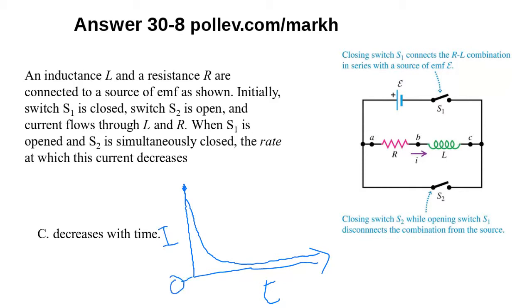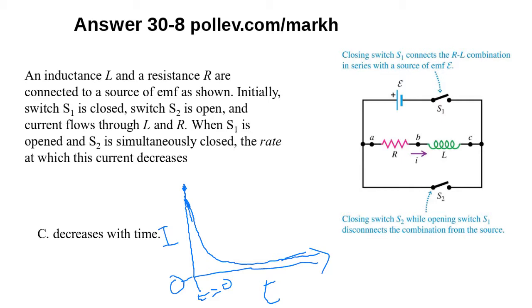At time 0, we start off with an initially very fast decay, and then because of the form of an exponential decay, the rate at which the current is decreasing slows and eventually tends to 0. Okay, good. Right, let's move on then.